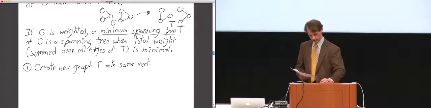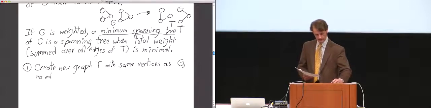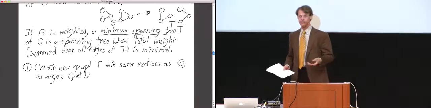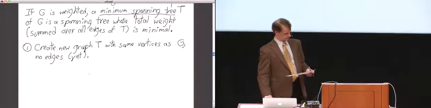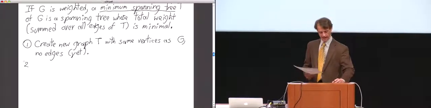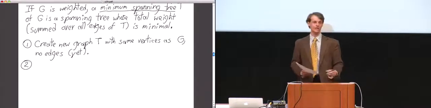This new graph we create will have exactly the same vertices as our input graph G, but it doesn't have any edges yet. So we're going to start with a graph that has no edges. Then we're going to add edges one by one until we have a tree. Now we need to decide which edges to add from G and which edges not to add.